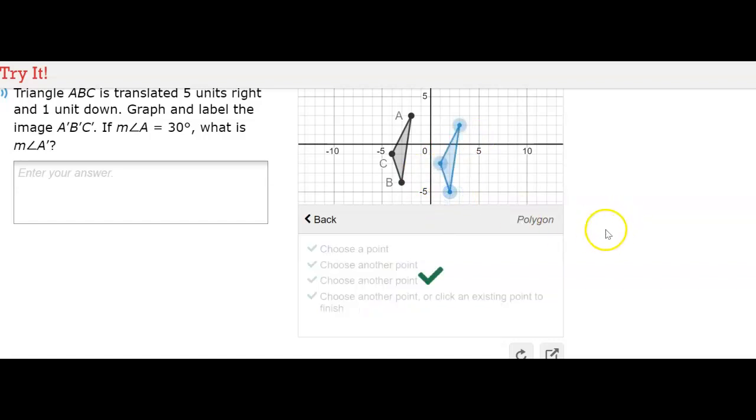All right, so we're done with that. It says if angle A, which is up here, is 30 degrees, what is angle A prime? In the new triangle, it would be the same measurement because these are congruent. So angle A here will both be 30 degrees.